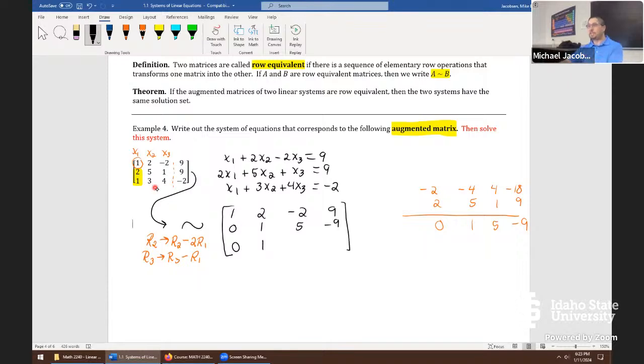Then rinse and repeat. We just keep on going. Might remind yourselves we're multiplying by -1. So this is a +2 now after multiplication. +2 plus 4 takes us to a 6. And then one more time. That'll be -9 added to the -2, and we get a -11. And this is our new matrix.